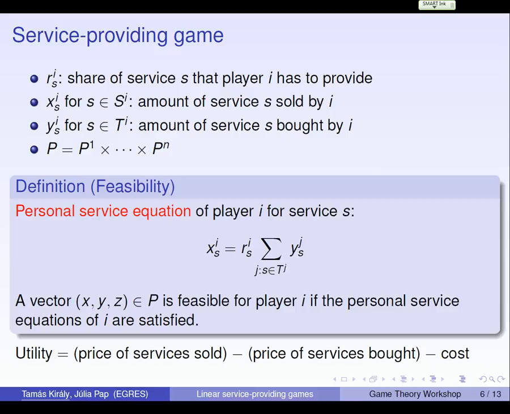There is no interaction in the utilities; there is only this interaction in the feasibility. We say that a vector X, Y, Z is feasible for player I if these are satisfied. The utility of the player is, of course, the price of services sold minus the price of services bought minus the cost. So the only interaction is in these equations and not in the utilities.